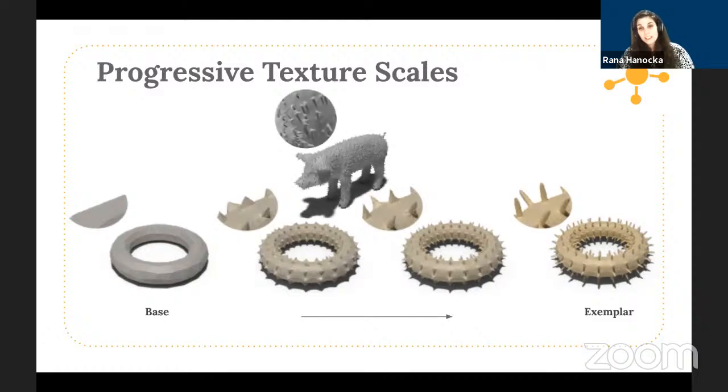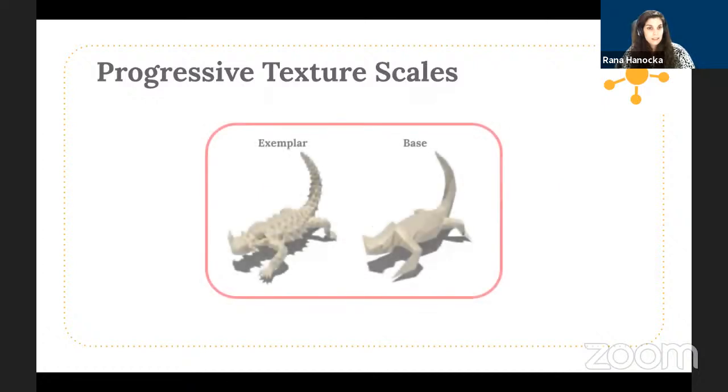And specifically, these target shapes might have different triangulations or genus than the training shape. And the base shape can be obtained for generic shapes via mesh simplification, which gives us some type of coarse approximation of the exemplar.